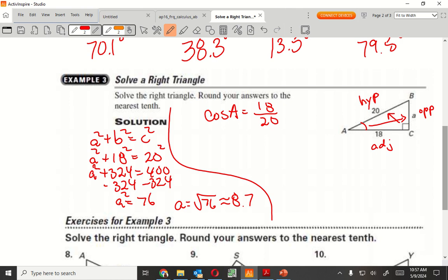Now we're trying to find the angle, right? So from here, I need to do the inverse. So I'm going to flip them.